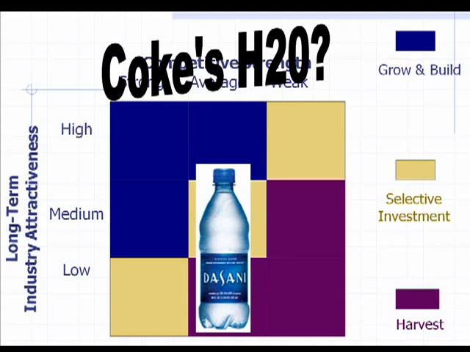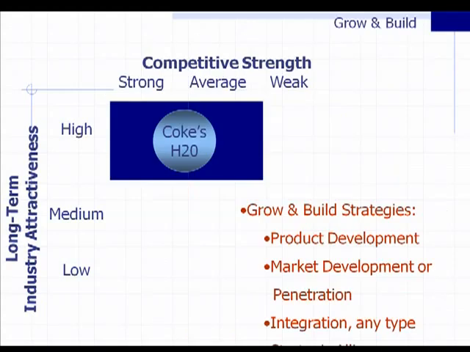Long-term industry attractiveness of bottled water. Well, bottled water, like energy drinks, like coffee drinks, like sports drinks, are the high growth segments of the beverage business. So that would put us probably medium to high in terms of long-term industry attractiveness as of this speaking, and probably for the foreseeable future.